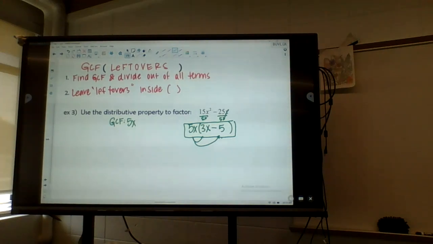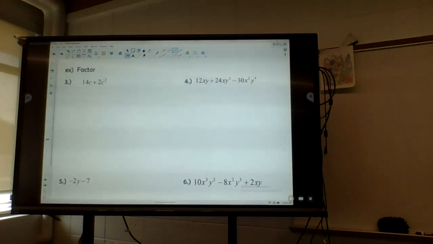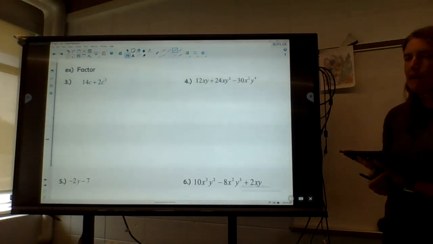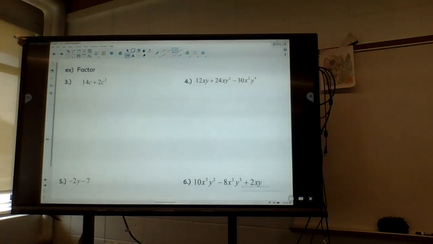Okay. But this is setting the groundwork for other types of factoring we're going to do. I debated putting all the factoring in one chapter or section, and then I decided against that, just in terms of our comfort level with this, knowing it's a tougher idea.